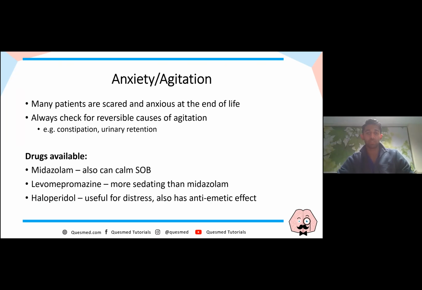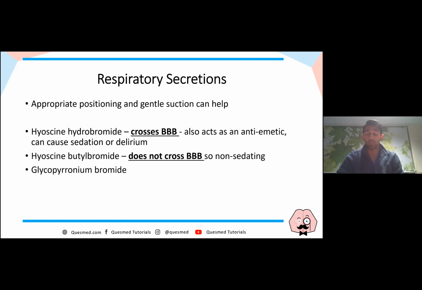Anxiety and agitation, again, very common. Midazolam is our go-to, has an effect on calming breathing as well. Levomepromazine and haloperidol are antipsychotics. Levomepromazine is sedating. Haloperidol has also some antiemetic effects. And then for respiratory secretions, which is actually the focus of the question, hyoscine, either hydrobromide or butylbromide, and glycopyrronium.